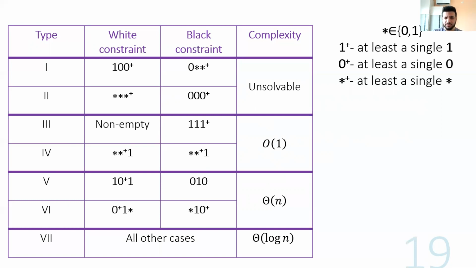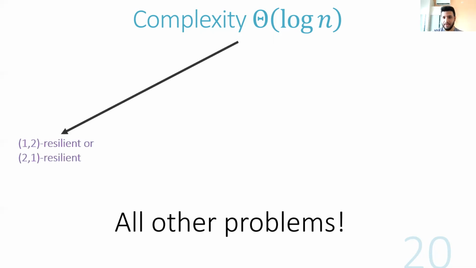So now we are going to dive a little bit deeper into this theta of log n complexity regime. And well, here we have 4 types of problems. One large family that's called 1-2 resilient or 2-1 resilient problems. And then 3 special problems, which did not fall into this characterization of resilience, but I will not elaborate on them much.